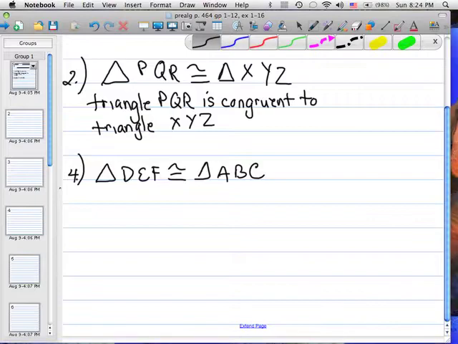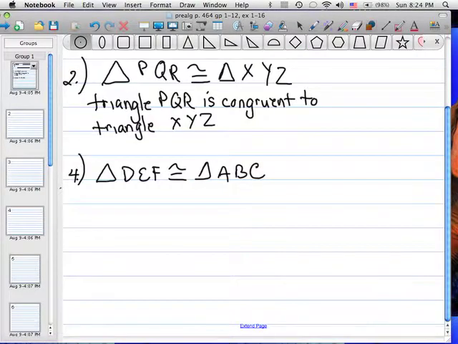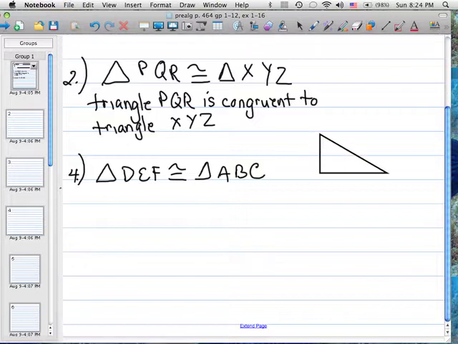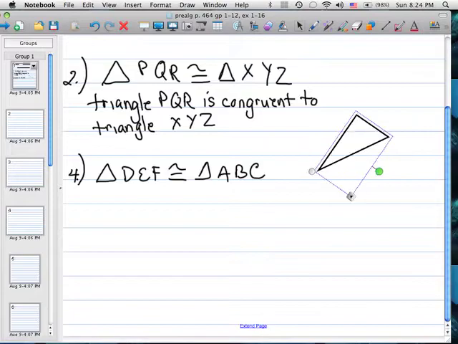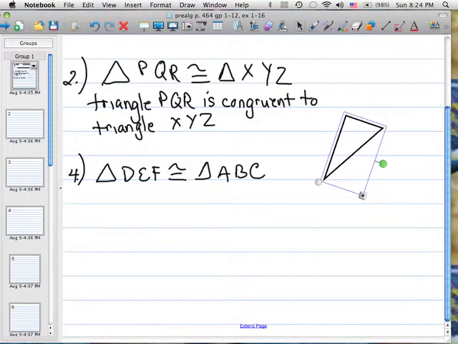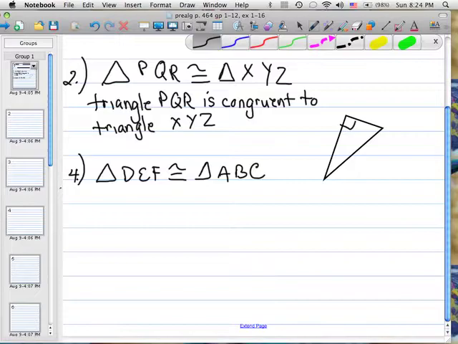Well, if we draw the triangle and mark it accordingly, since the D matches with the A, the E with the B, and the F with the C, which angle of triangle DEF would have the 2 marks?